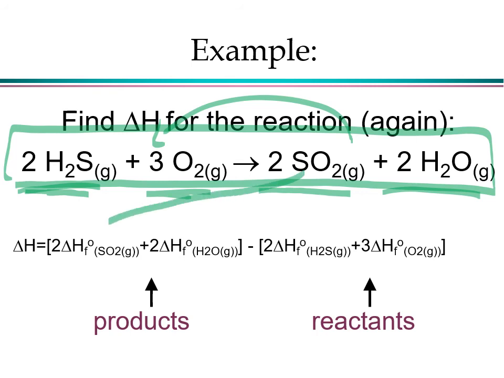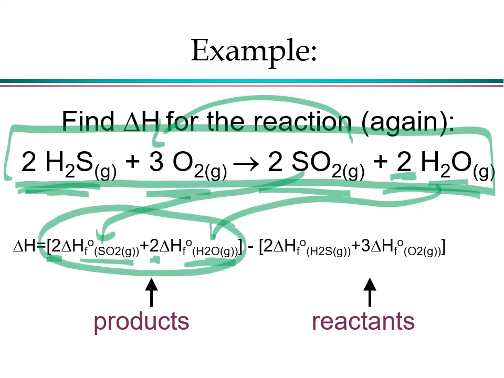So we're going to take the heat of formation of 2 sulfur dioxides and the heat of formation of 2, importantly, gaseous water molecules, and again there's 2 of them. So that is the heats of formation of our products. We're going to multiply them by the coefficients, the fact that we're dealing with 2, and that's kind of like what we did when we wrote the reaction out. We've multiplied the delta H by 2 because we needed 2 of them.